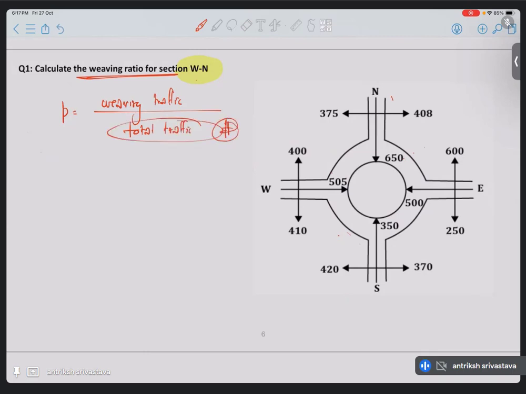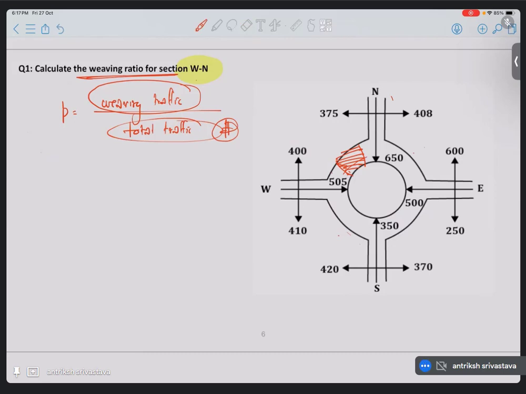Total traffic is the traffic that will pass through this section, and the weaving traffic is the traffic that is going to weave through this in some way. We'll try to see a trick through which we can easily identify what is the weaving traffic.